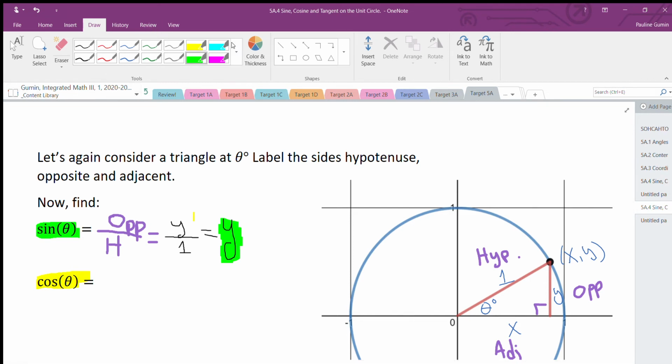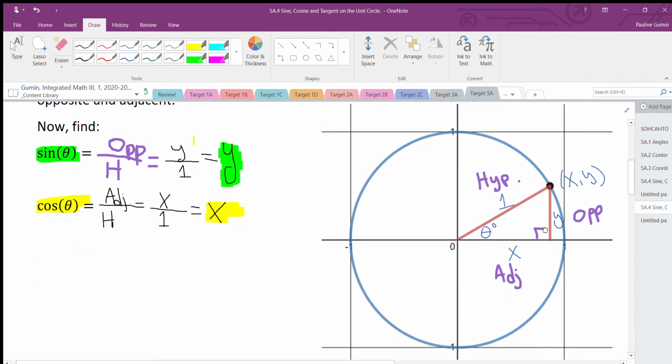Interesting. Let's take a peek at cosine. Cosine is adjacent over hypotenuse. In this triangle, adjacent is x, hypotenuse is 1, x divided by 1 is x. Fantastic. So when we are finding the sine of any angle, we are really finding the y coordinate on the graph. If we're finding the cosine of any angle, we're actually finding the x-coordinate on the graph.